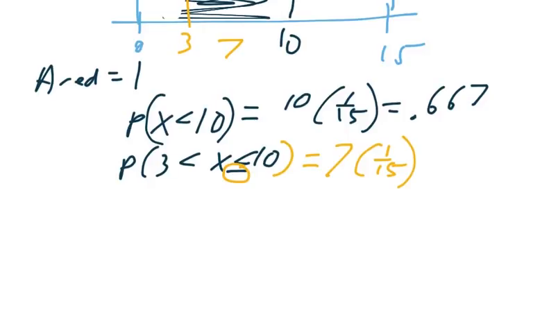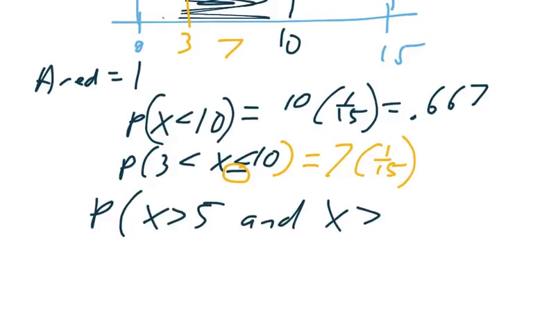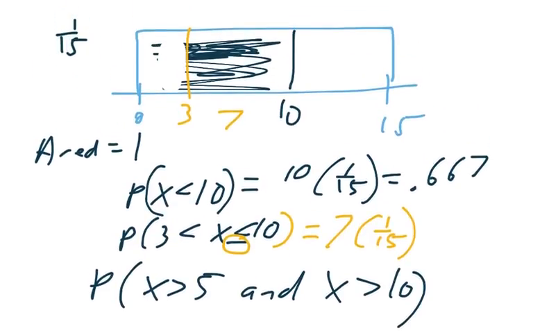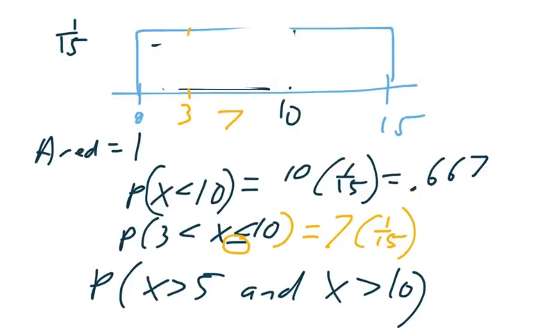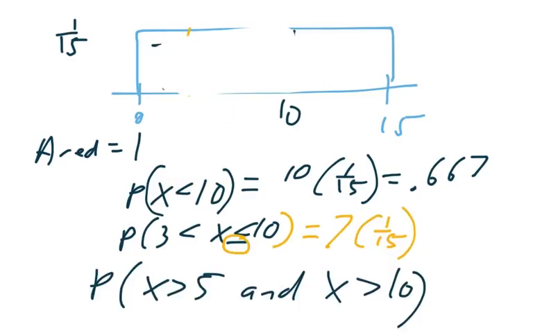For letter C, I'm going to rewrite this: probability that x is bigger than 5 and x is bigger than 10. So if you want something that is bigger than 5 and bigger than 10, here's 5, bigger than 5.